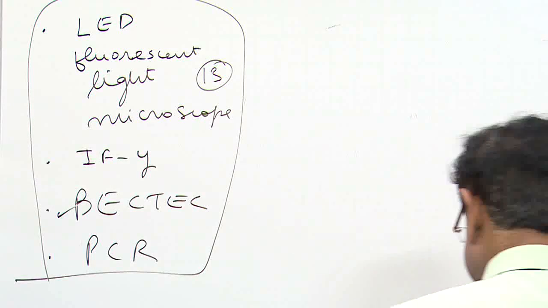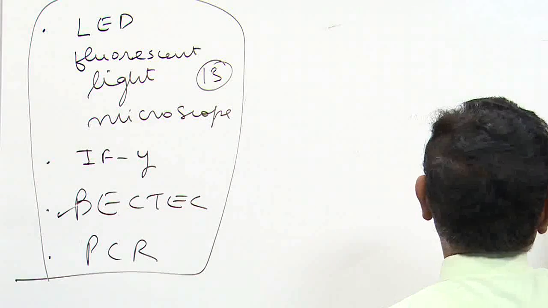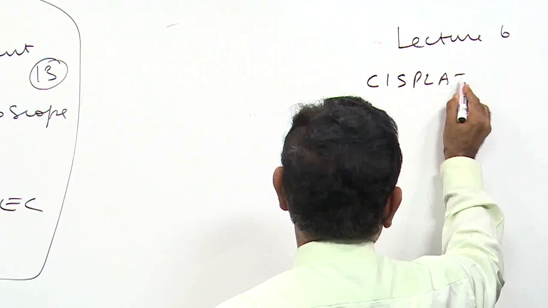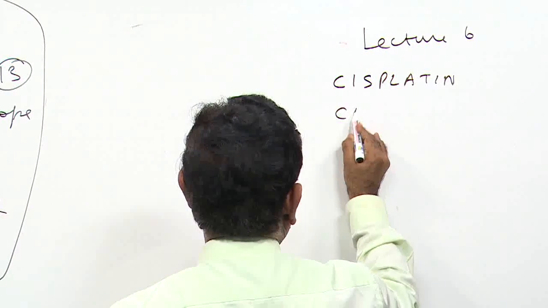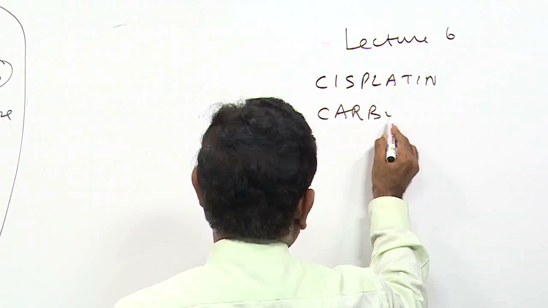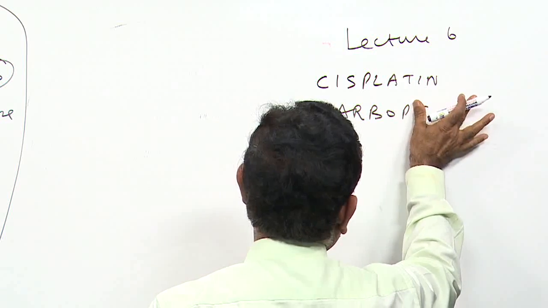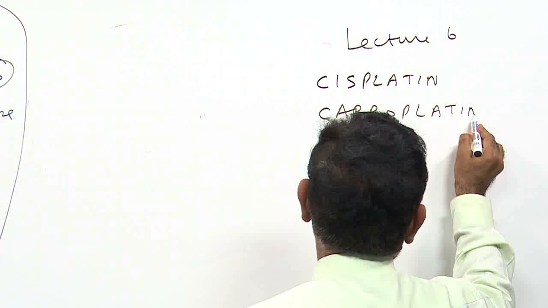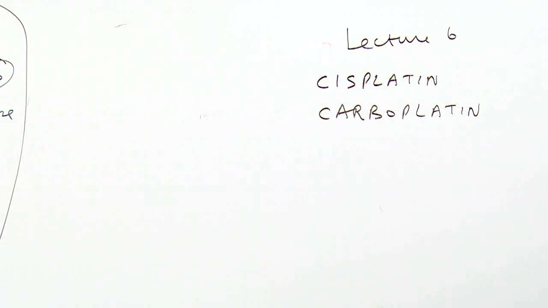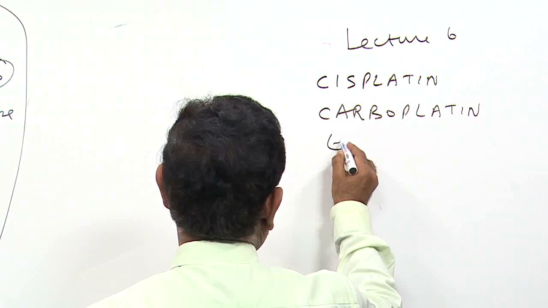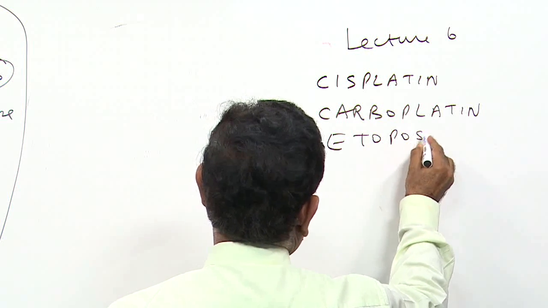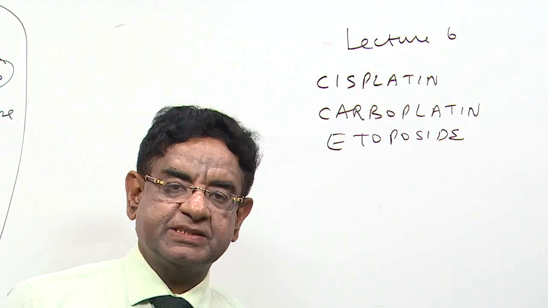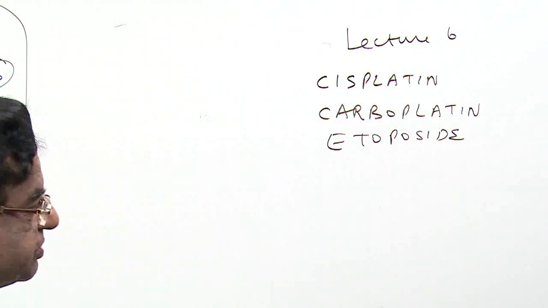In lung cancer we can use cisplatin, carboplatin, etoposide, especially these we use for small cell lung cancer. Small cell lung cancer we use these drugs.